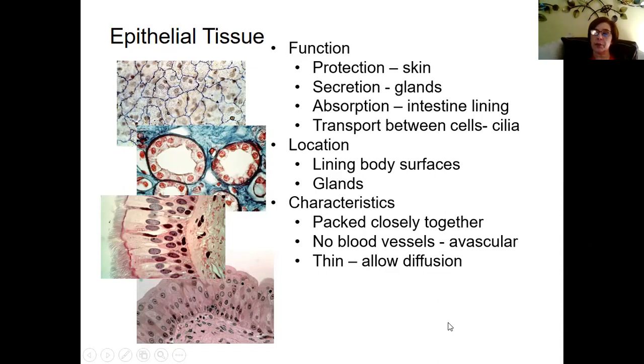It turns out an epithelial tissue always lies next to a connective tissue, and connective tissues have a lot of blood. So the items that we need, oxygen and nutrients from the blood, have to diffuse from here to here, into this epithelial tissue, and the waste has to diffuse back out.